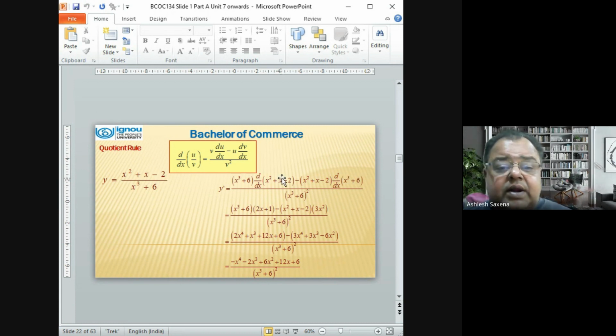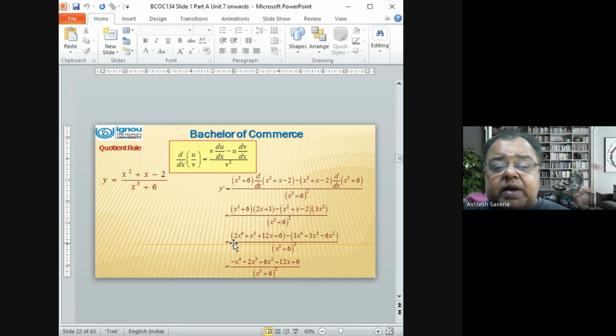Right? Now, in the next step, this bracket will be as it is. Derivative of x square will be 2x, derivative of x will be 1, and derivative of a constant term is 0. Bracket close. Minus this part as it is. Derivative of x cube will be 3x square. And derivative of constant will be 0. Close this bracket. Divided by square of the denominator.